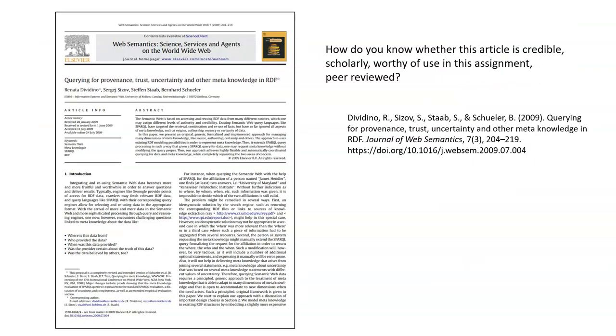I can look up another article, but you have to ask yourself, how do I know whether this article is credible, scholarly, if that's the criteria I'm looking for, and worthy of use in this assignment? Is it peer-reviewed, meaning scholarly peers have actually vetted this article, so it adds to the body of knowledge? It's not fake news. It's not disinformation. How do I know? Well, you have to judge that for yourself. Does this article have all the elements of being scholarly and peer-reviewed?